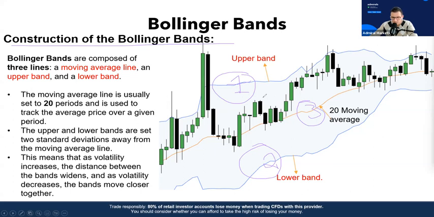So we call the top line the upper band, the bottom line the lower band, and the third line the 20 moving average. By default, it's the 20 moving average. The deviation of the bands, we keep it as it is on the MetaTrader platform or TradingView.